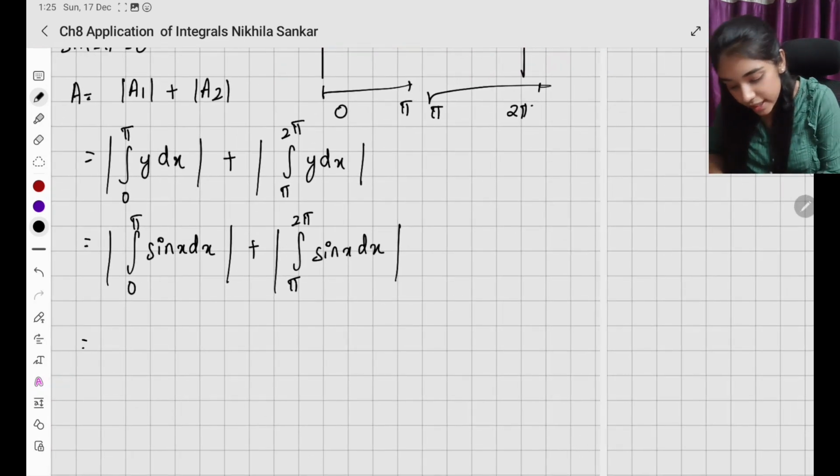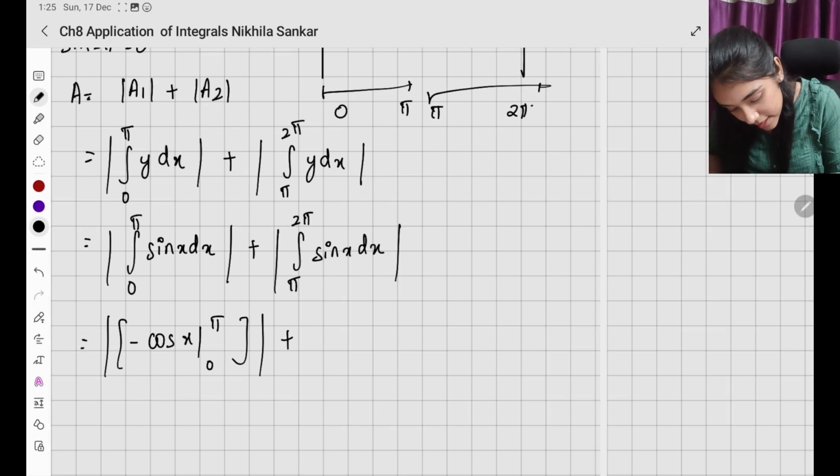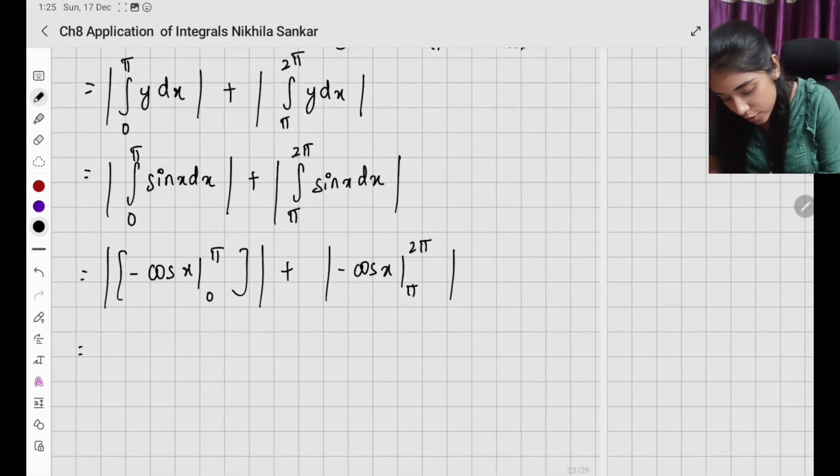The integral of sin x is minus cos x, so minus cos x from 0 to pi inside the absolute value, plus minus cos x from pi to 2 pi inside the absolute value.